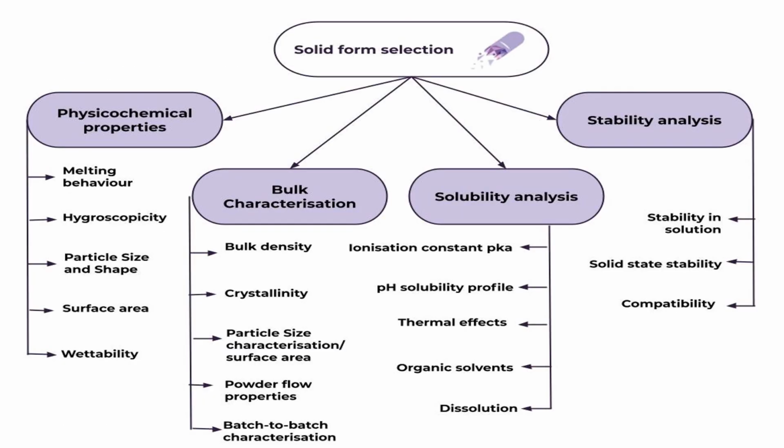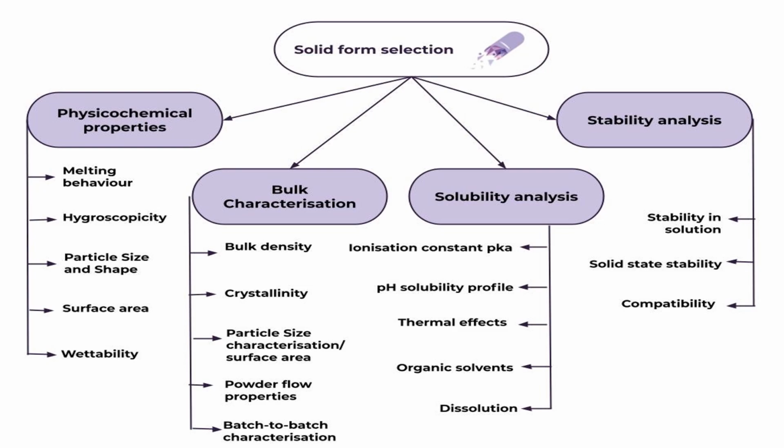Next, here is a flow chart of how we can divide the pre-formulation studies, like the physicochemical properties. It contains melting behavior, hygroscopicity, particle size and shape, surface area and wettability. These are the important physicochemical properties which we will discuss further. Next, the bulk characterization contains bulk density, crystallinity, particle size characterization or surface area.